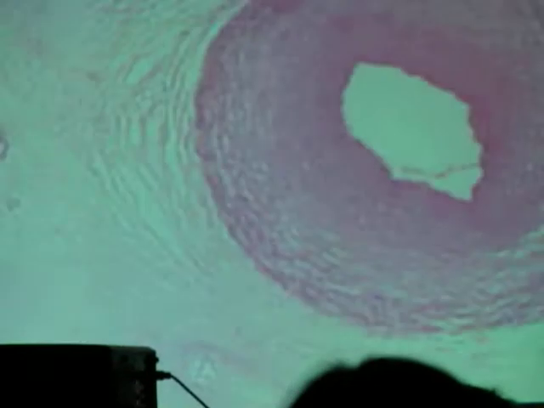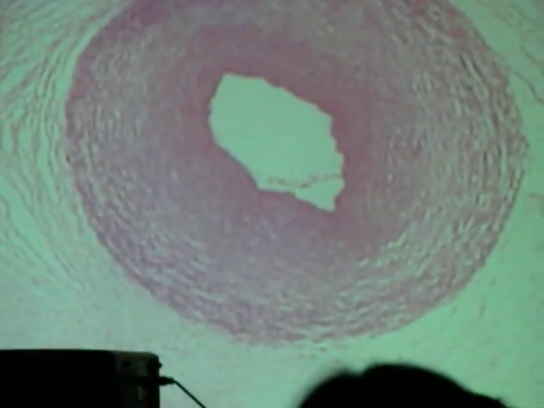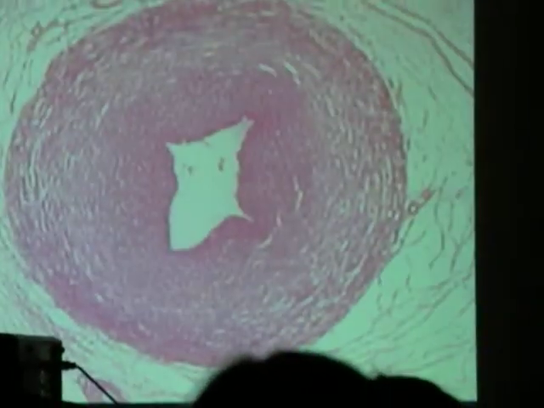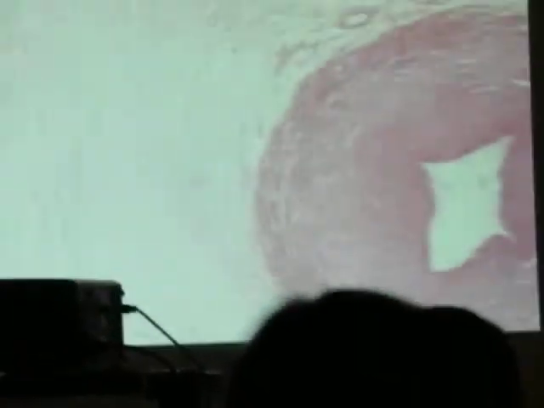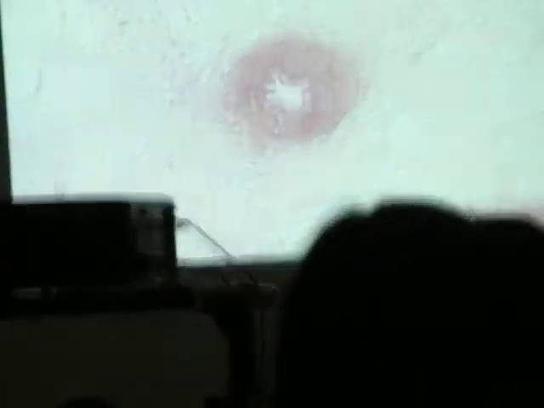So one more time, let's do the third one. Alright, so here's this. There's that one. And there's that one. What do you think that one is? The vein. There's that one. That.